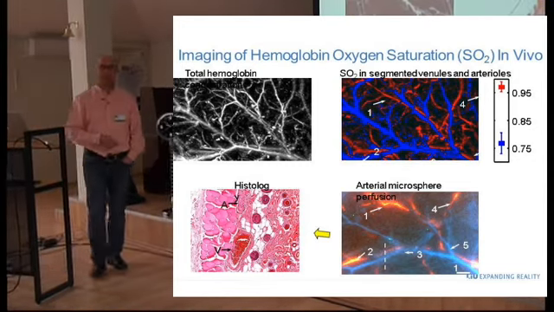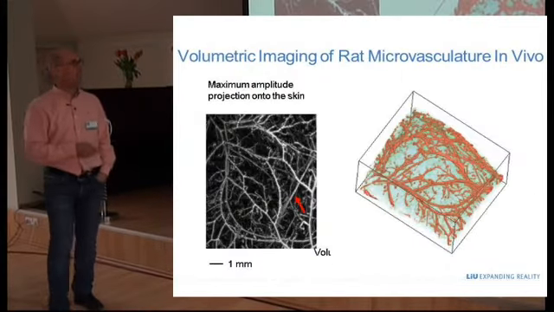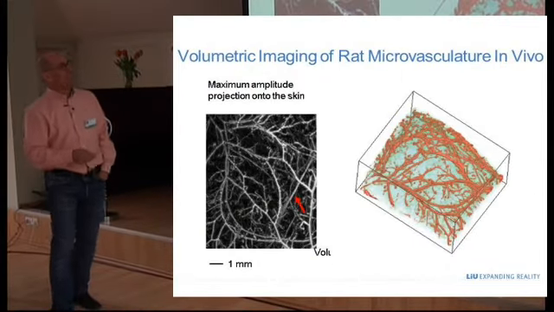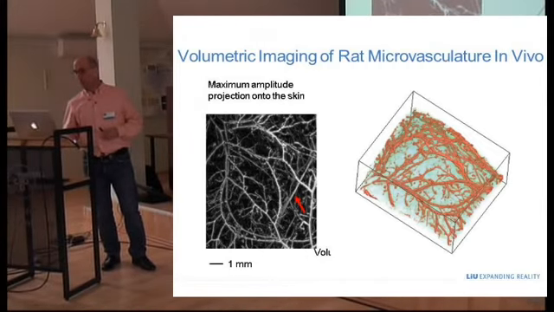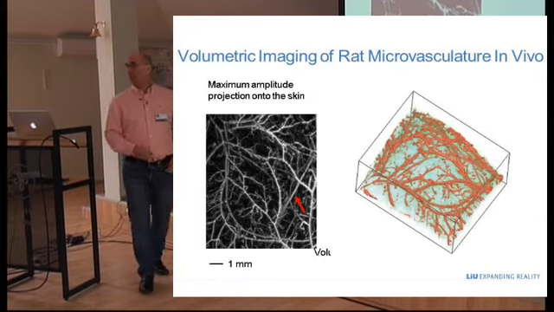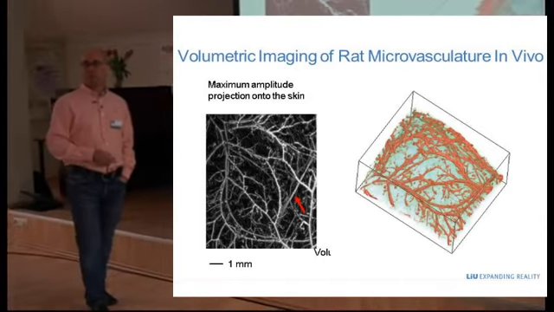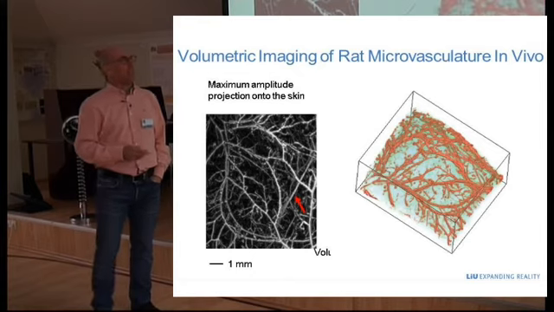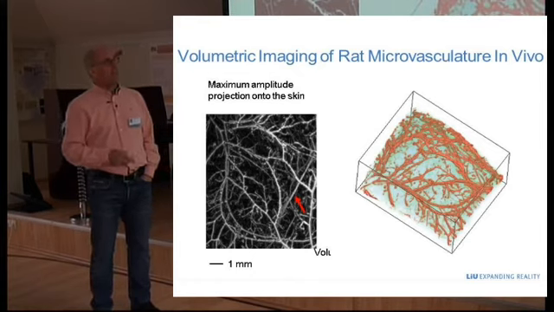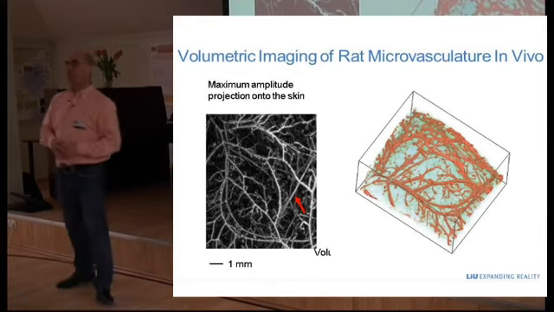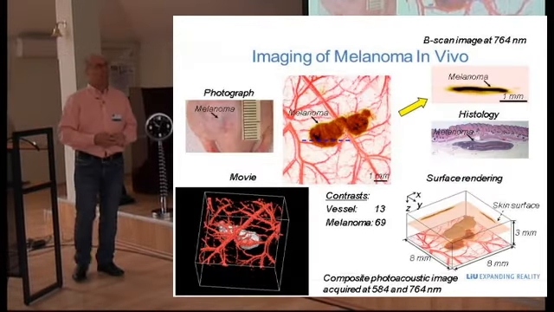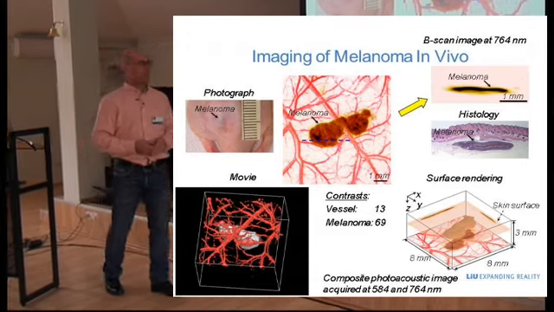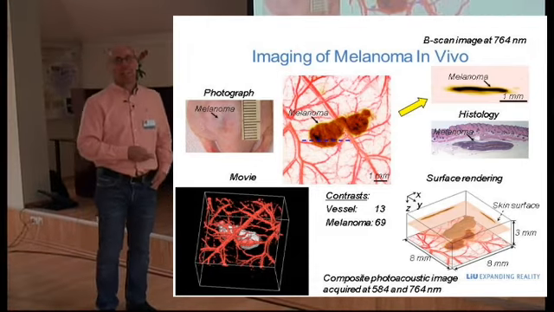These are images that I borrowed from Lihong Wang, and what it is able to do is create three-dimensional images or maps of the vascular tree like this, where you can see the complete structure of it. And he likes rotating images.